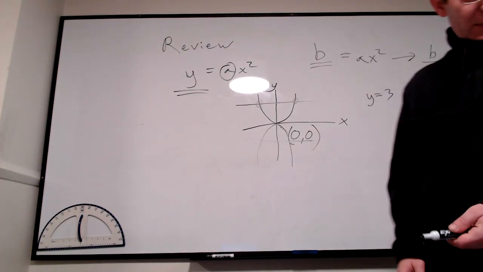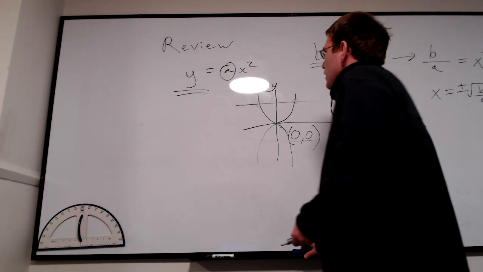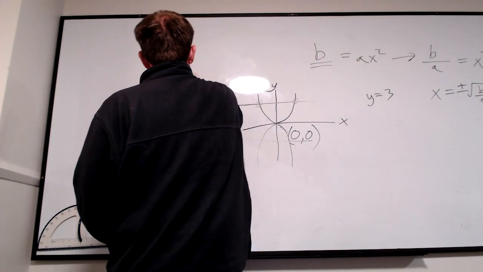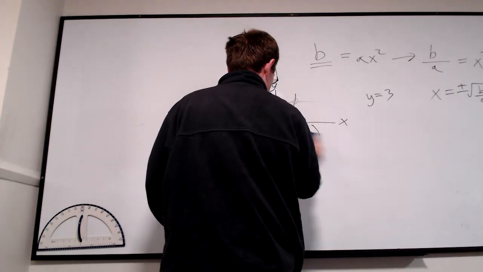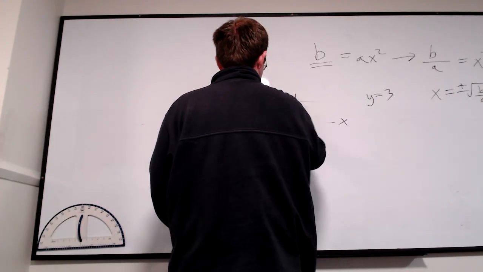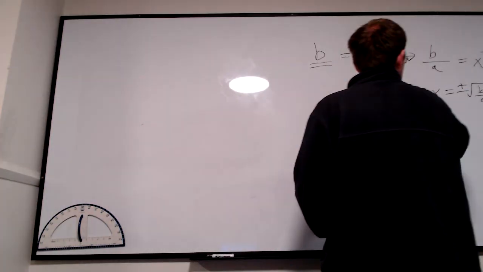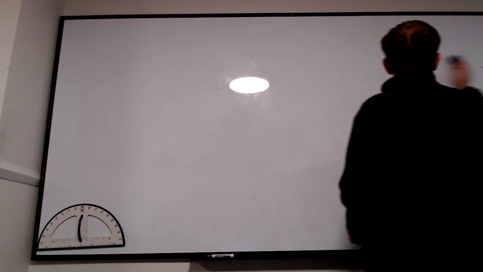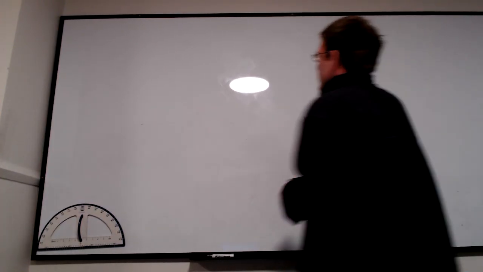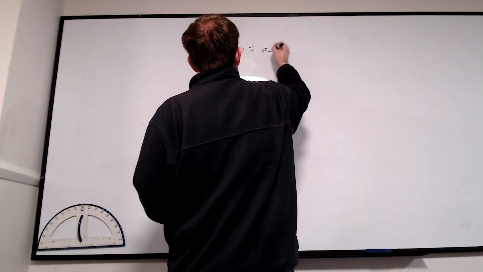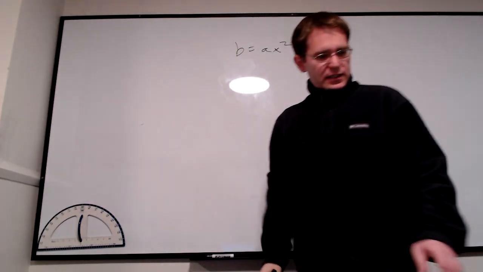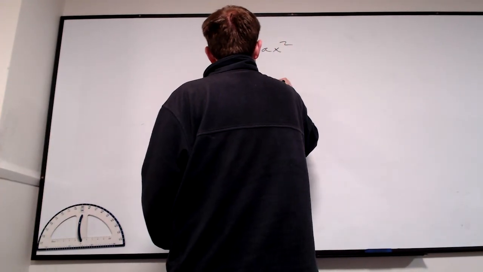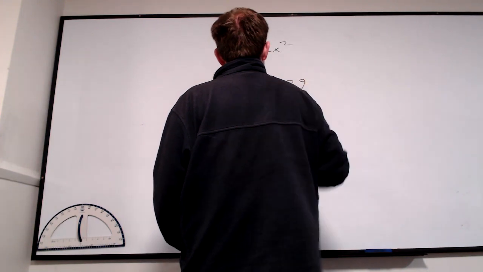So let's try an example. Okay, so b equals a. All right, so let's solve 3x squared equals 39.